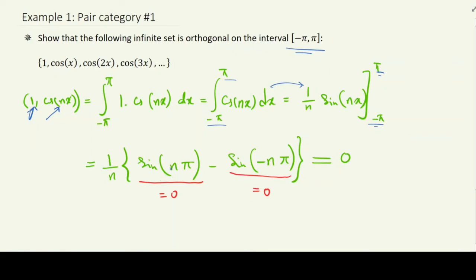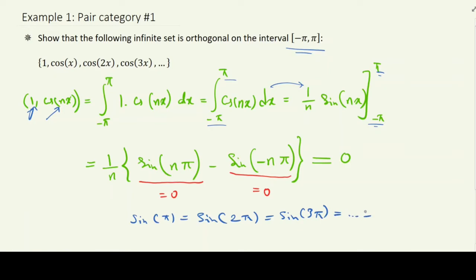But basically, if you have an integer like 1, 2, 3, 4, etc., and if you multiply that by pi, the sine of the argument that you get there is going to be 0. So in other words, sine of pi is going to be 0, sine of 2 pi is going to be 0, sine 3 pi is going to be 0.